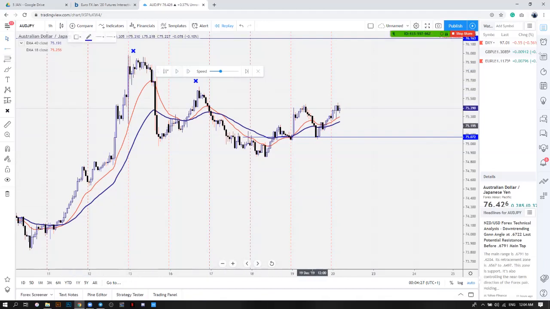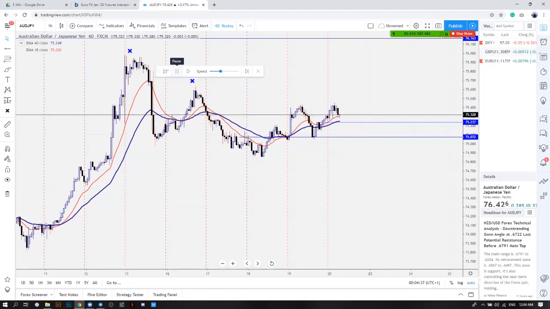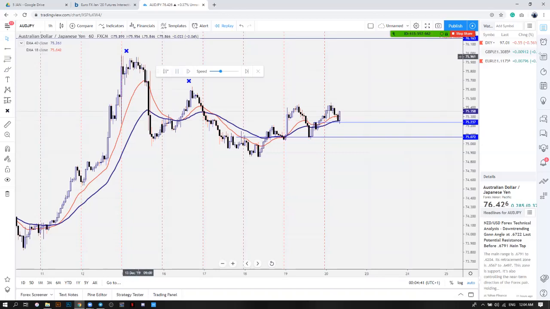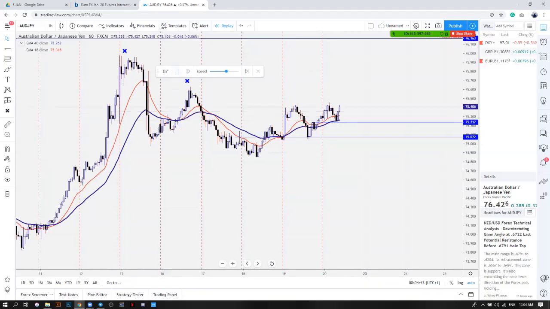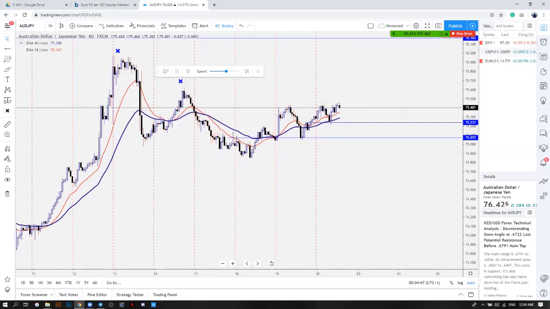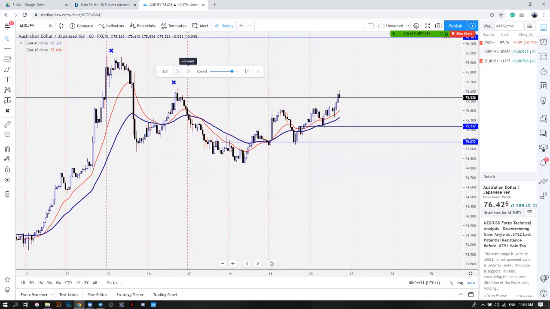The market could rally from there. The market creates a higher swing point. Let's see. Okay, the market went up.